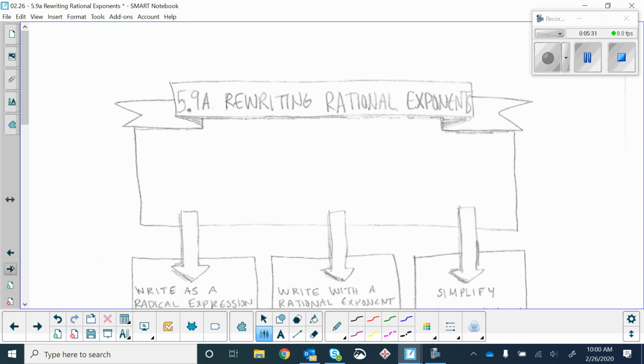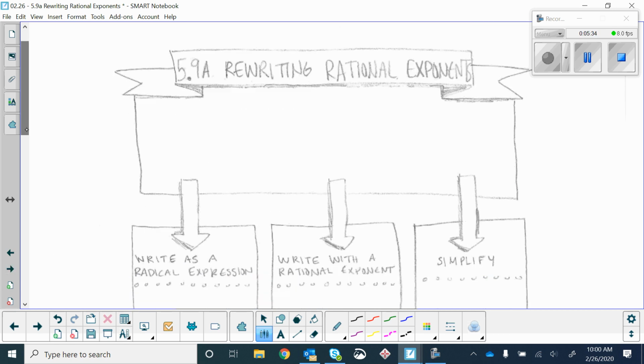Okay, so here's the thing. The basic idea, so rewriting rational exponents. So rational means, again, fraction. Here's the basic form for what we're talking about. Write that down. A to the m over n.